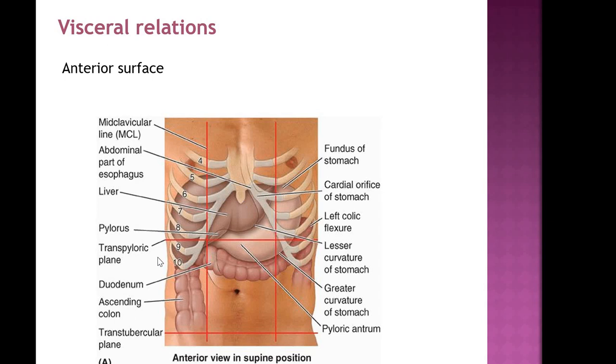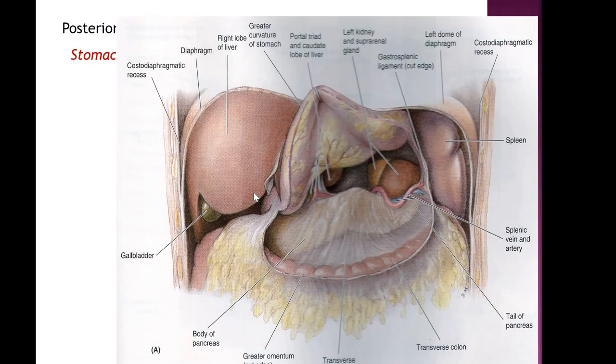Then we will study the visceral relations. Anteriorly it is related with the diaphragm, liver and transverse colon. So these are the anterior visceral relations of the stomach. Then the posterior relations of the stomach are the structures which lie posterior to the stomach, and they form the stomach bed.